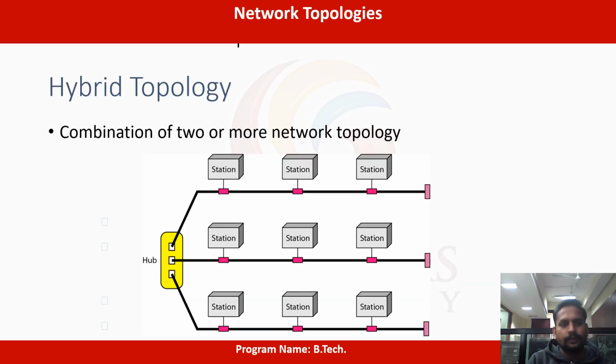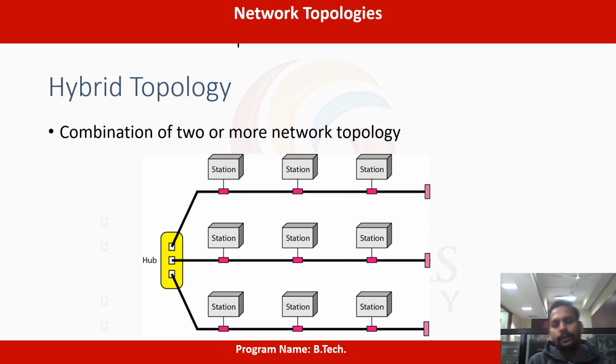Okay. And then a hybrid topology. What does hybrid topology mean? Suppose we are able to connect different network topologies in a single configuration, then we can say that it is a hybrid topology. For example, you see in this diagram, we have one hub. This hub type of connectivity is used in the star topology, but in the other part they are using the bus topology.